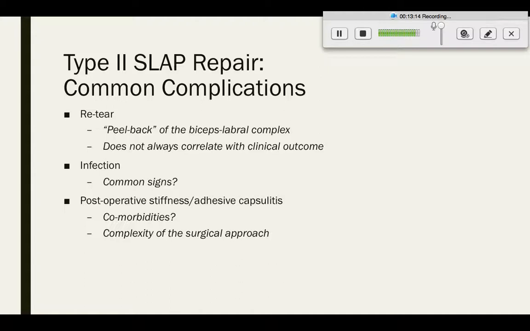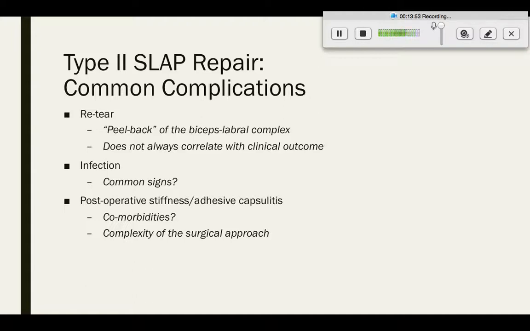Infection, review your common signs of infection, and then a common complication with many shoulder surgical interventions is postoperative stiffness and/or adhesive capsulitis. So when you're doing your chart review and you're looking at a patient's medical history, you want to make sure that you flag or are aware of any comorbidities that might put them at risk. So I want you to think about and maybe make a list of common comorbidities that might place a patient at risk for impaired tissue healing, potentially developing adhesive capsulitis, anything along those lines.